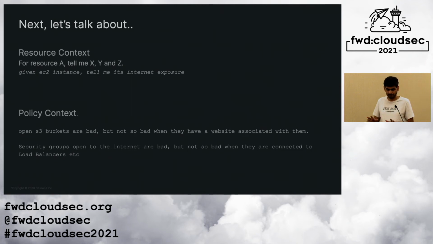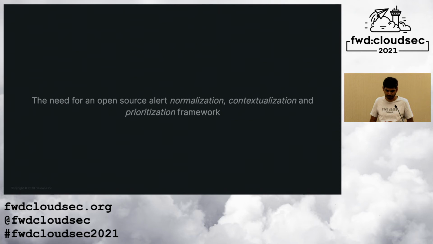So we talked about the problem. We talked about some of the current approaches. One thing became clear: there is a need for an open source normalization, contextualization, and prioritization framework or tool which can help you manage your alert fatigue by simply doing this kind of prioritization, right? I looked into it, we researched a lot of solutions, and none of them were doing the kind of things that I talked about, the tag example, for example.